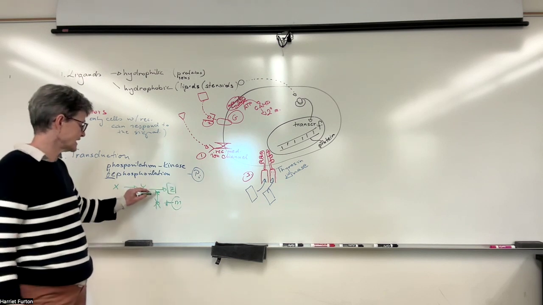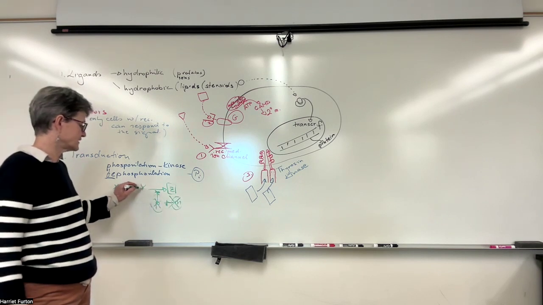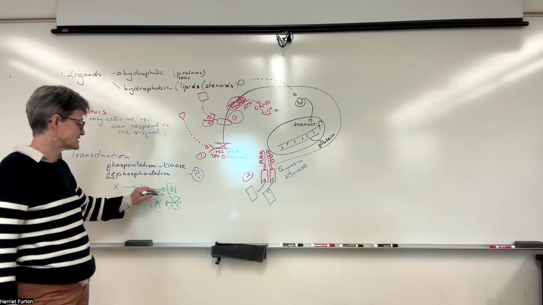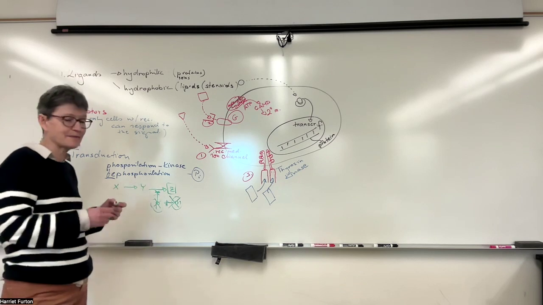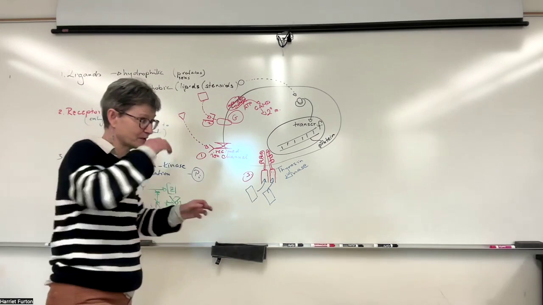But if P is present, but M is blocked, nothing is blocking P, so it's going to block the transduction from Y to Z, so it's not going to happen. So these are the symbols what I would like you guys to embrace.